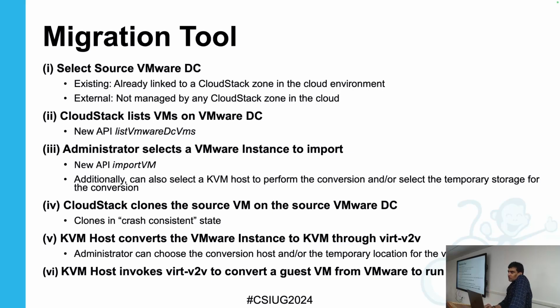You can select any of the instances and start the import process. For the import process, CloudStack delegates to one of the KVM hosts, which again starts through virt-v2v. So this is how the migration tool works.